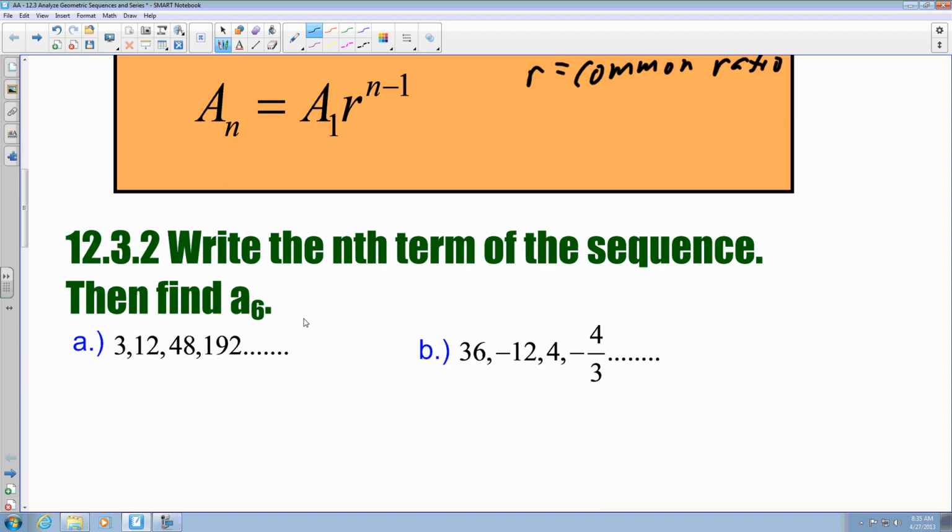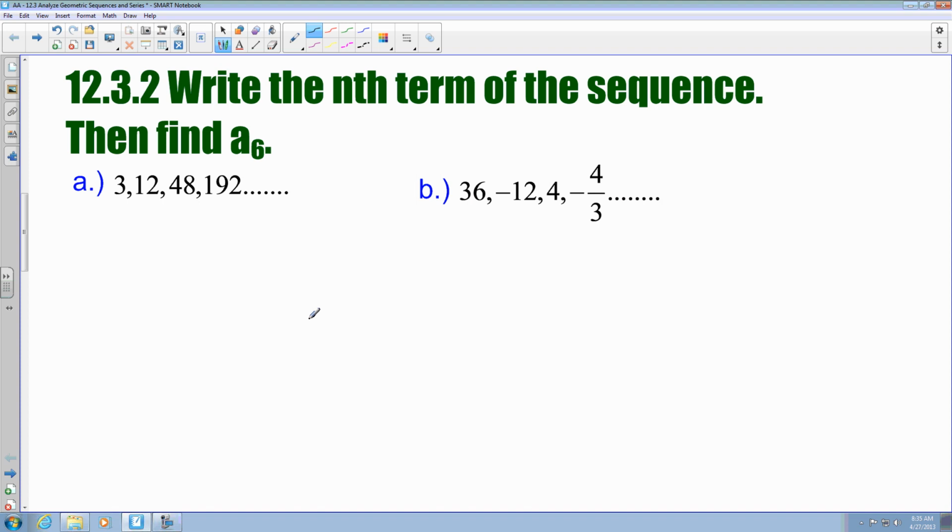For these examples, they want us to use the equation to find the pattern, and then let's find what a sub 6 is going to be. So first thing we have to do is find out what r is going to be.